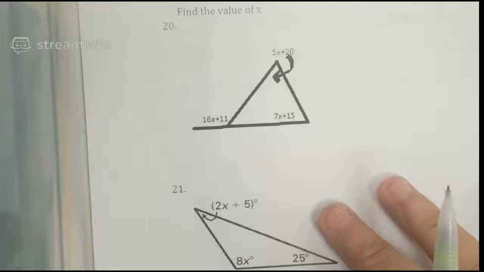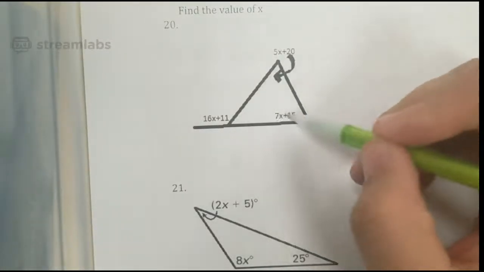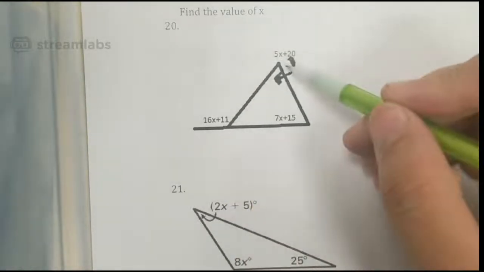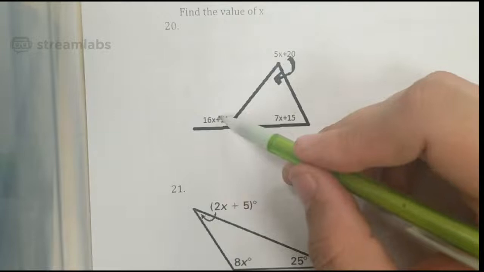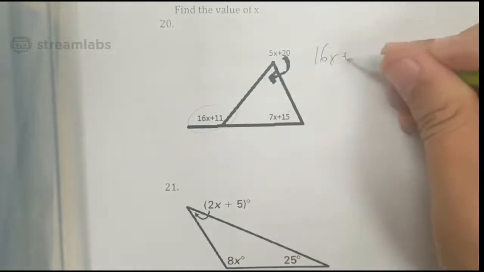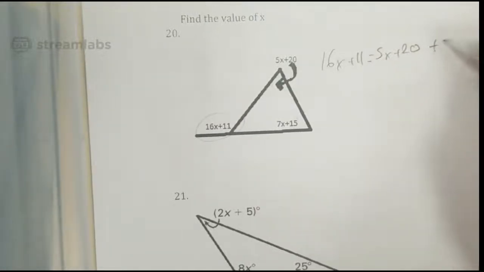So let's continue. So this angle right here is 5x plus 20. This is 7x plus 15, and this is 16x plus 11. So what you can do is, since you know these 2 angles here should equal the opposite angle here, 16x plus 11 equals 5x plus 20 plus 7x plus 15.